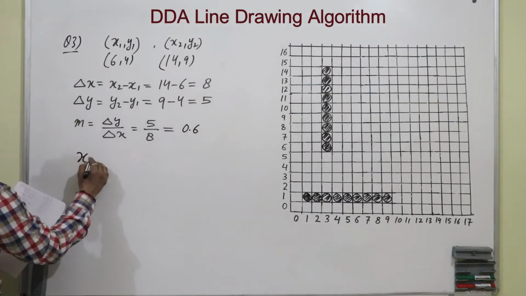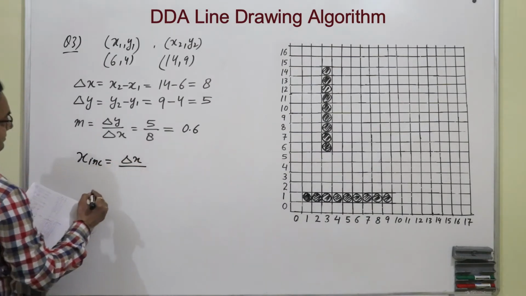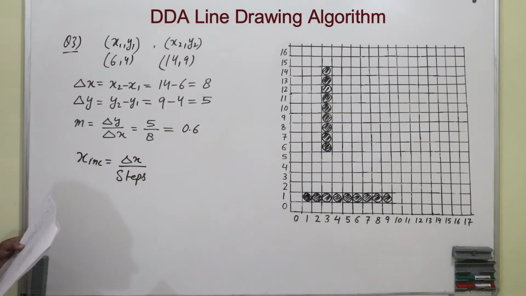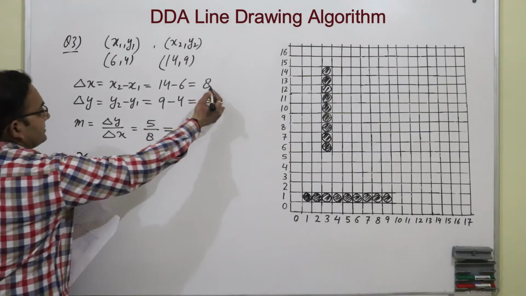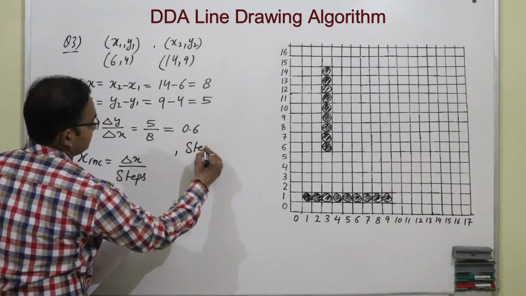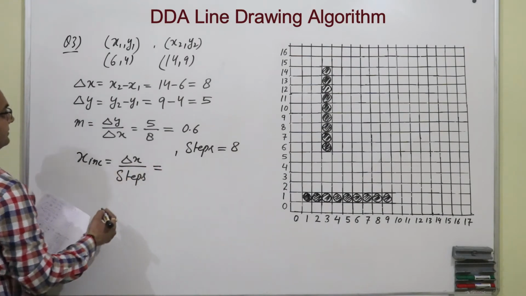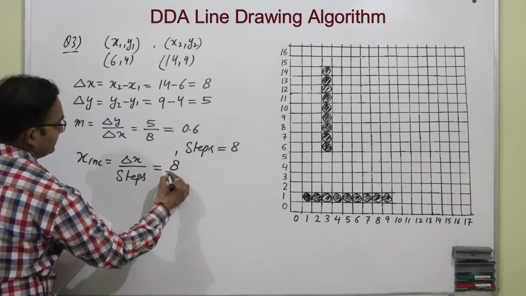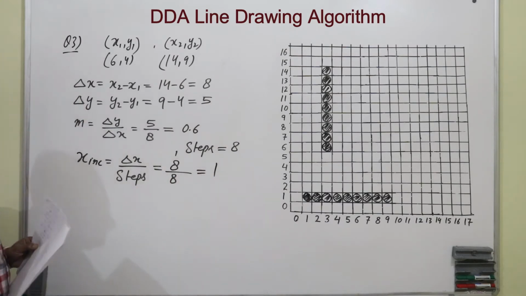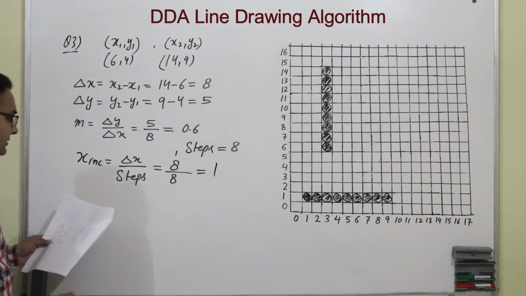X increment, change in x upon steps. In this case, delta x is greater than delta y, so steps equal to 8. Delta x is 8, steps 8, it will be 1. So, there will be increment of 1 in x.